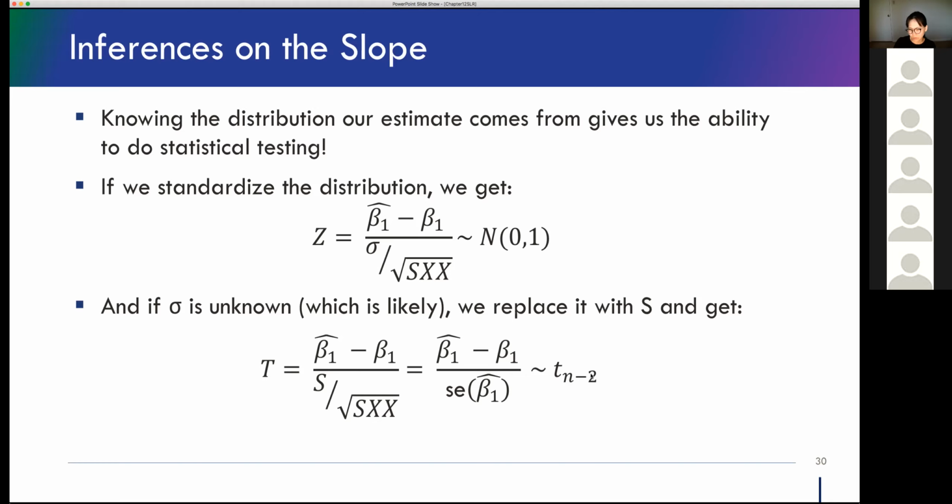This 2 is there because the degrees of freedom are reduced by 2, since we have two values to estimate. Anyway, just remember that standardizing beta 1 hat with the unknown sigma gives this t distribution. This is your test statistic, this one if sigma is known, and this one for unknown sigma.